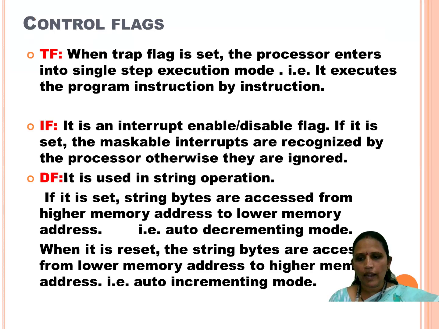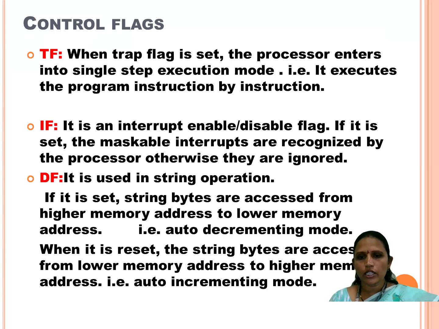And coming to the direction flag, it is used in string operations. If it is set, string bytes are accessed from the higher memory address to the lower memory address.